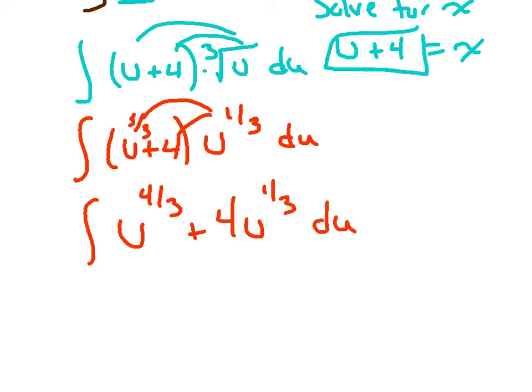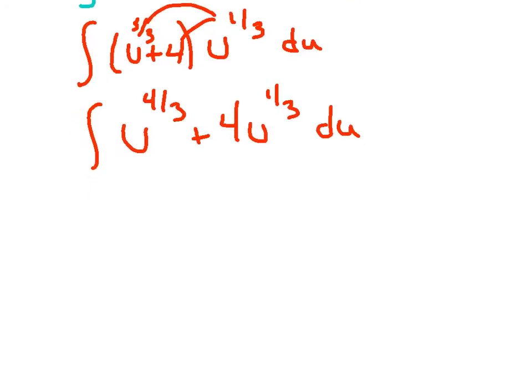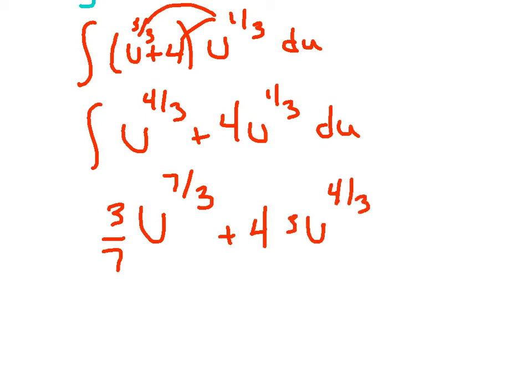And from this point forward, I don't think it's too bad. We'll just go ahead and integrate. We're going to add our 3/3, so hopefully you get u to the 7/3 times 3/7. Plus, I've got a 4. When I integrate this, I get u to, they add 3/3, 4/3 times 3/4 plus c. I'm just going to clean it up a little further. I've got my 3/7.